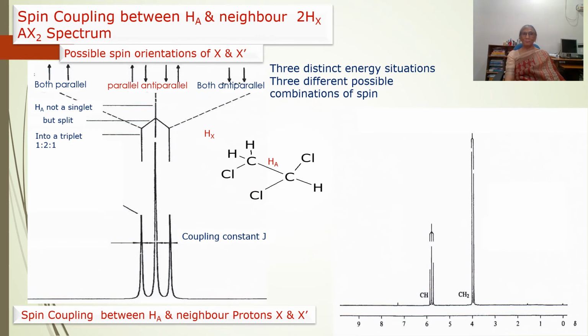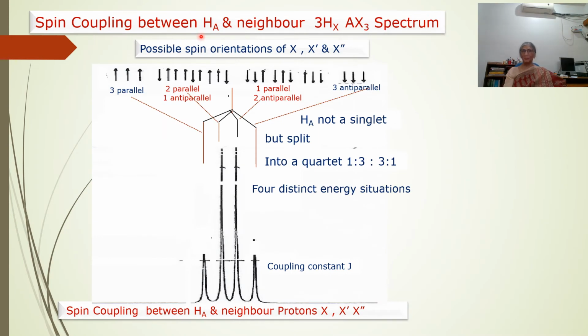AX2 spectrum. Consider the spin coupling between proton A and its neighboring X protons, which are three in number. This type of spectrum is known as the AX3 spectrum. The three neighboring X protons are designated as X, X prime and X double prime. Proton A can see different spin orientations of the three neighboring protons. One situation is when the three neighboring protons have parallel spin orientation.